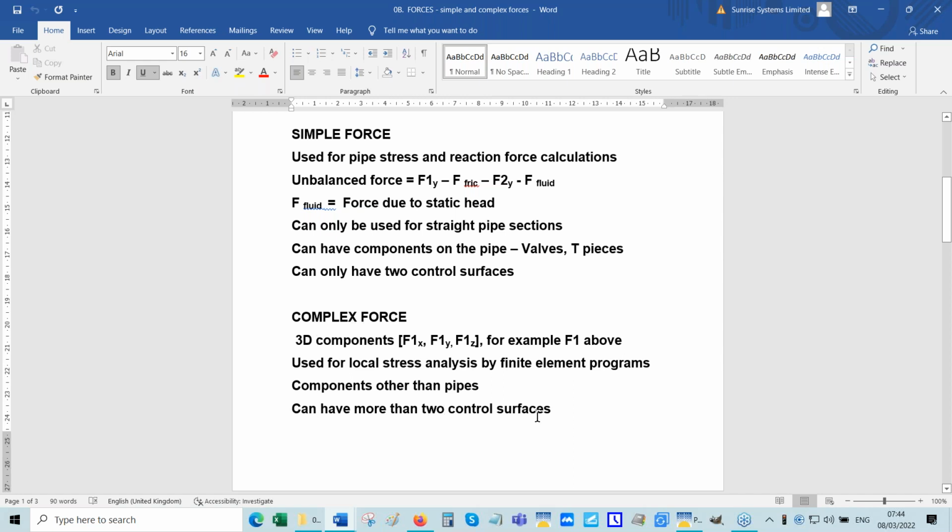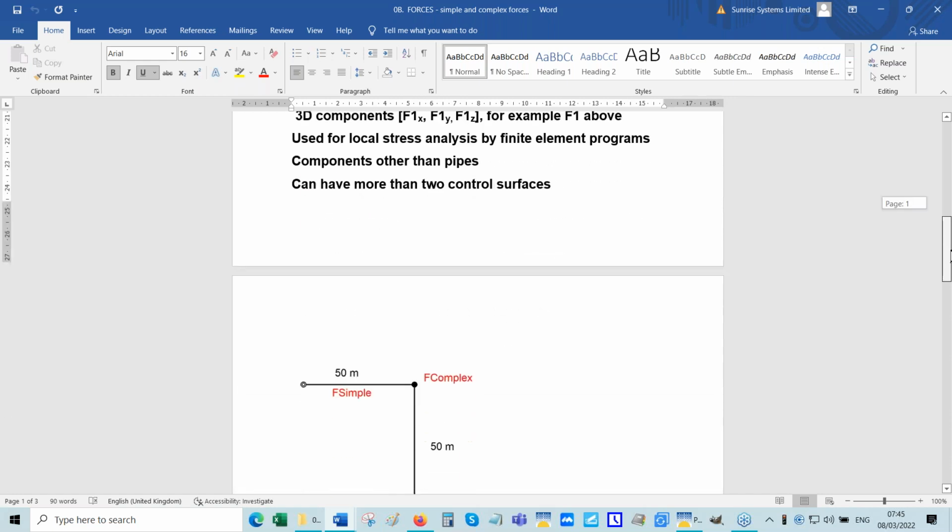It can have more than 2 control surfaces. For example, if you want to calculate the force on a T-piece, it'll have 3 control surfaces, and it'll be a complex force because there's a change in direction in a T-piece. If a T-piece is part of a straight pipe section, then that is not the case. But I'm talking about the T-piece taken on its own, and we calculate the force on that. That is a complex force.